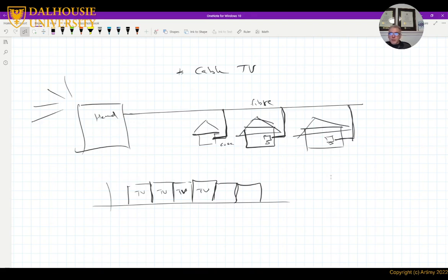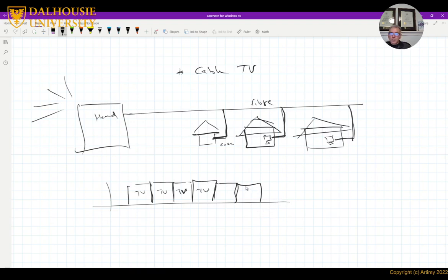So you can subscribe to cable internet instead of cable TV. And instead of a TV, you install a cable modem, and you receive and send data instead of TV channels. So how does the system work?